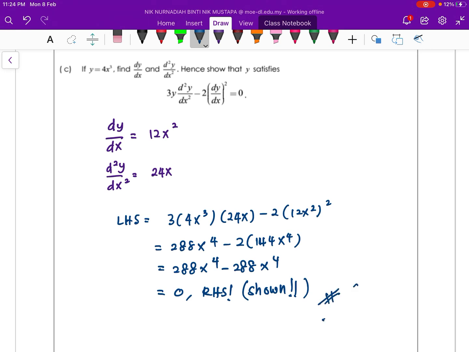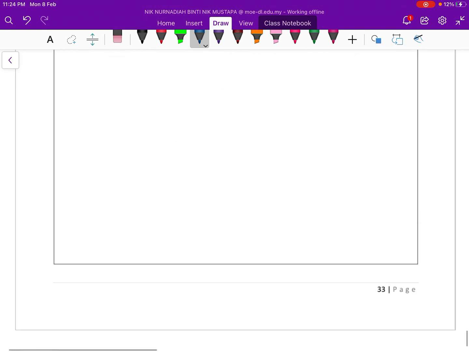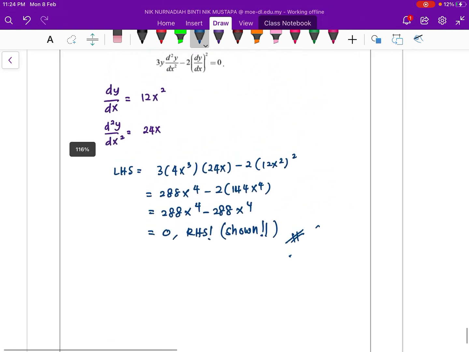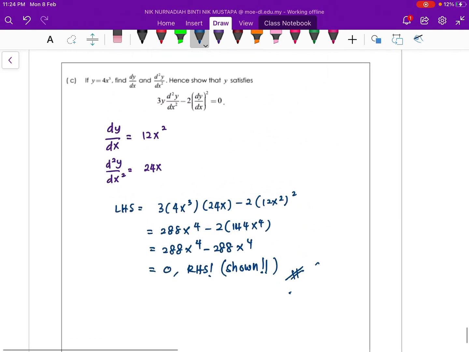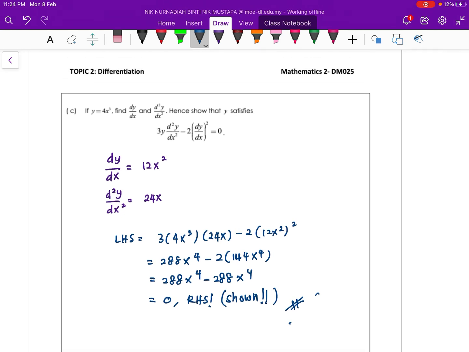Very easy. Yes. Now we go to the last one. No, that's the last one. Okay, so it's very simple. For the last subtopic, we just find the dy dx and d2y over dx square.